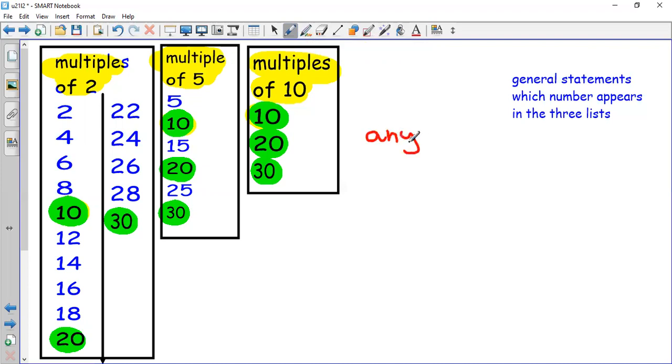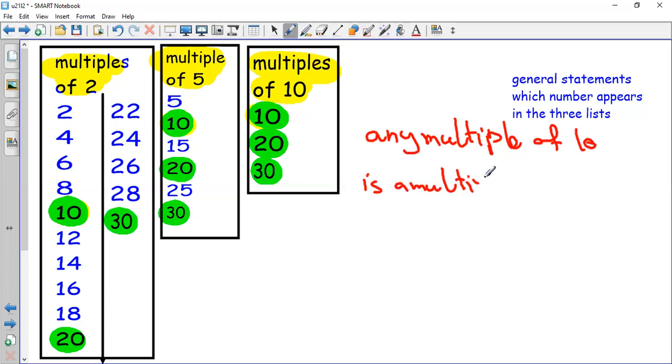any multiple of 10 is a multiple of 2 and 5.